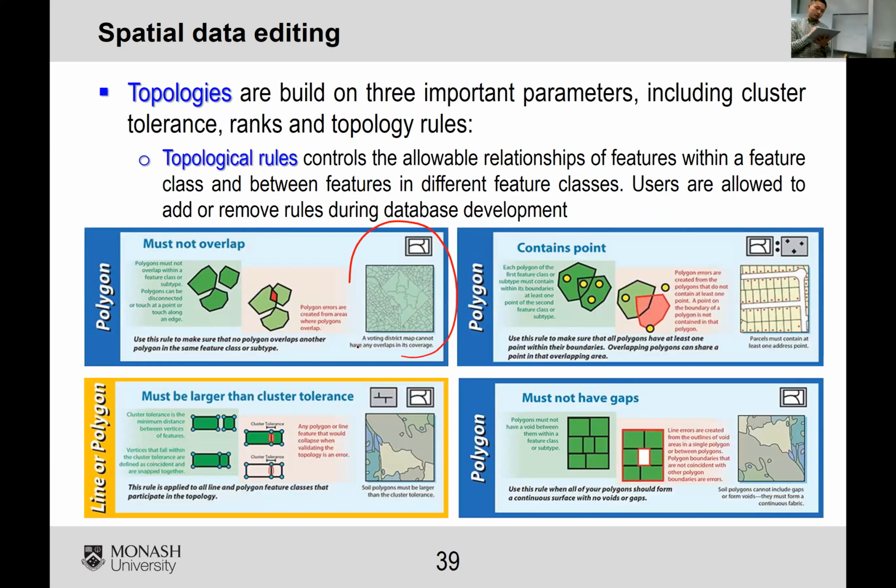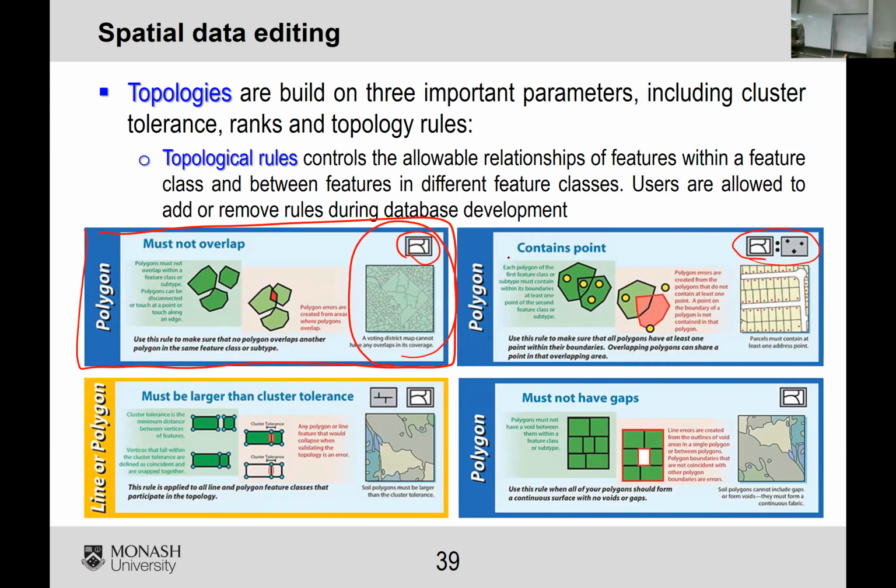If we look at this part, each of these topology rules is defined in each of these boxes. On the top right corner, this symbol means this topology is applied to polygon. And if you see a symbol like this, the topology applies to the interaction between points and polygon.